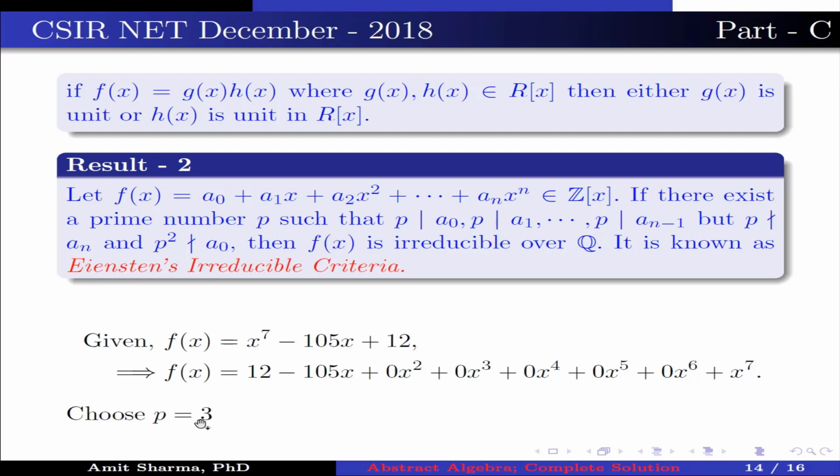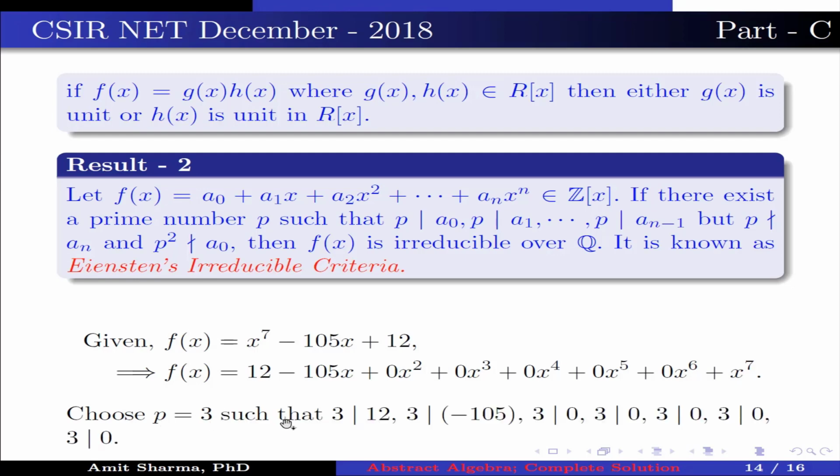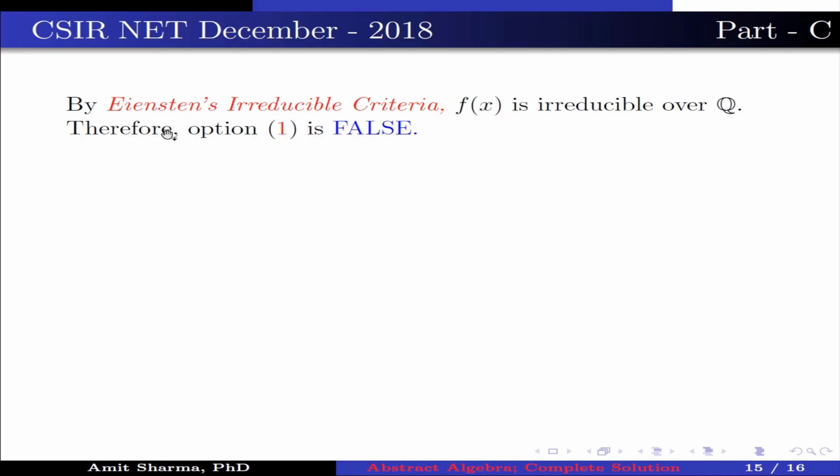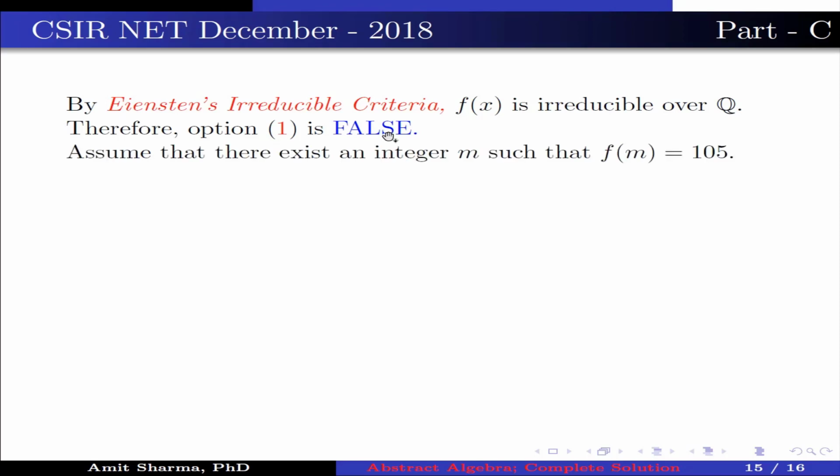Now choose prime p equal to 3 such that 3 divides 12, 3 divides minus 105, 3 divides 0, 3 divides 0, 3 divides 0, 3 divides 0 and 3 divides 0. But 3 does not divide 1 and 3 square which is 9 does not divide 12. Now by Eisenstein irreducibility criterion, f of x is irreducible over Q. Therefore, option 1 is false.